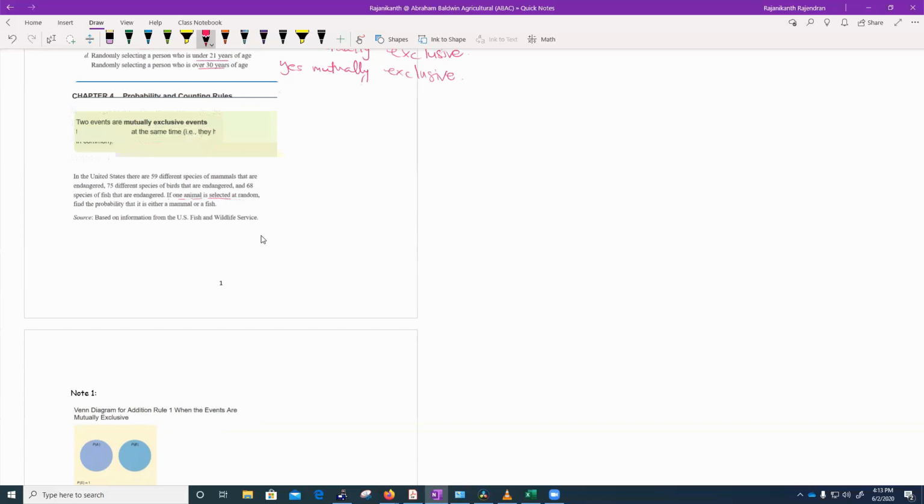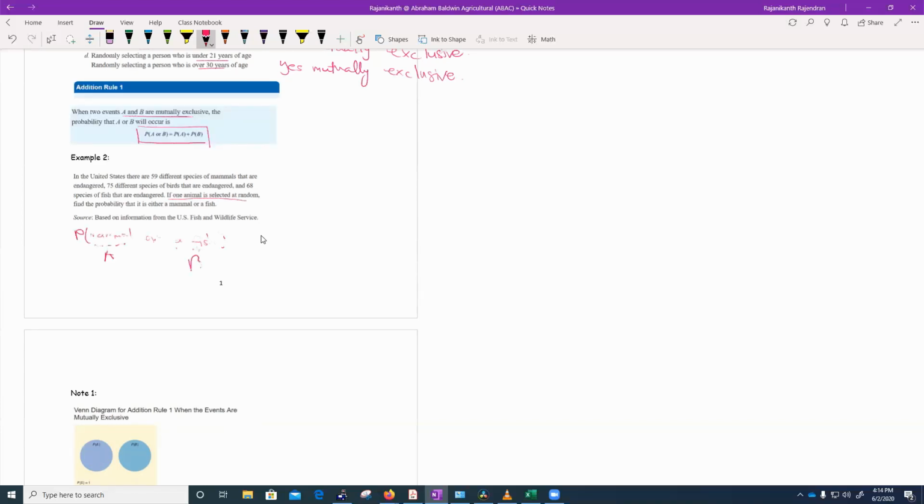Find the probability that it is either a mammal or fish. So we are asked to find the probability that we are choosing one species and it is a mammal or fish. So you could think of two events A and B like this.